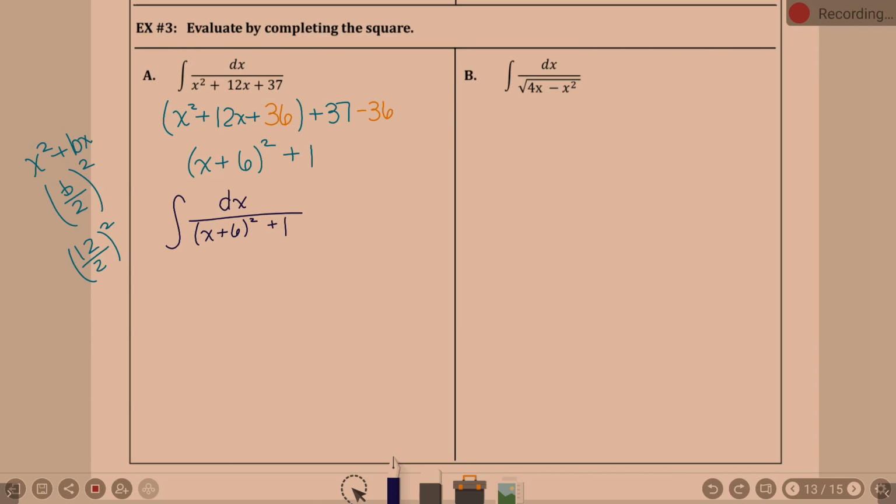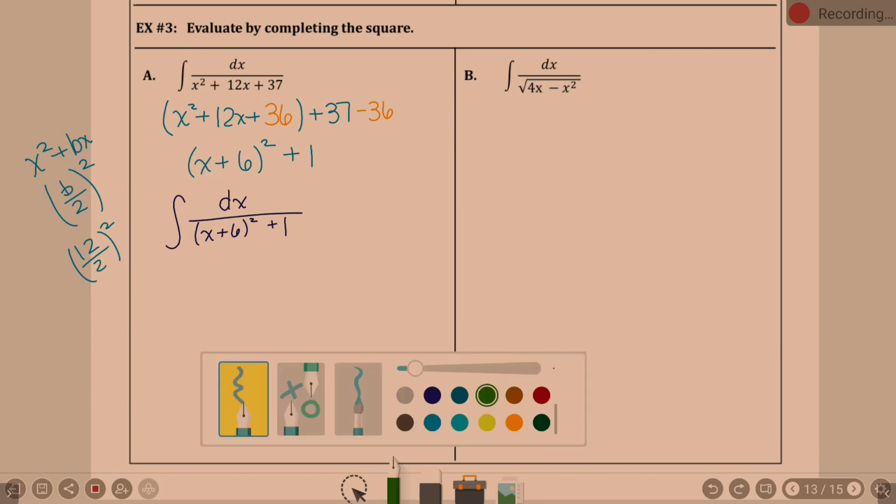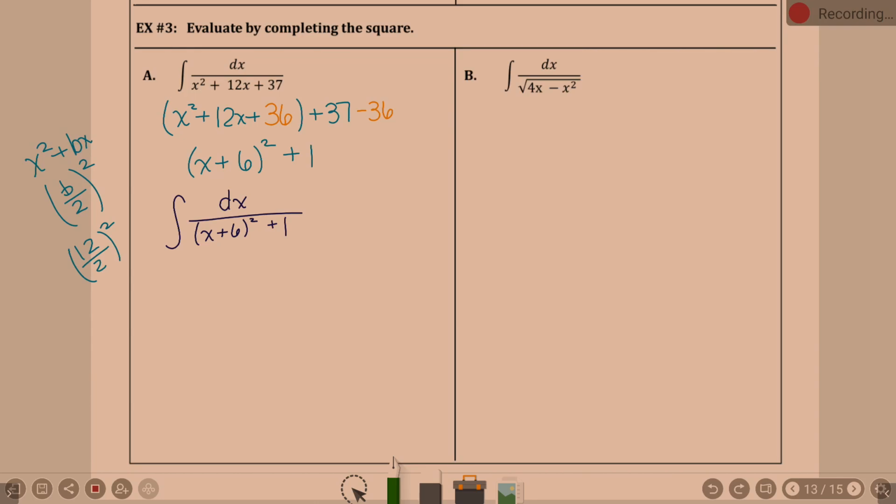Let me write it out. It was the integral of du over a squared plus u squared, and that's going to be equal to 1 over a tan inverse of u over a, and then of course plus c.